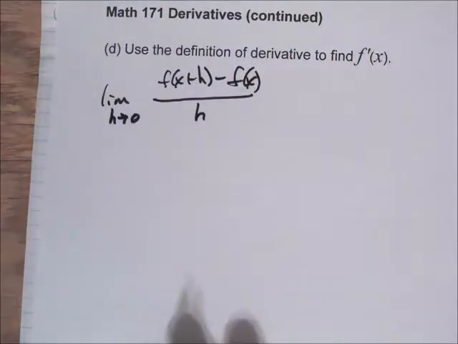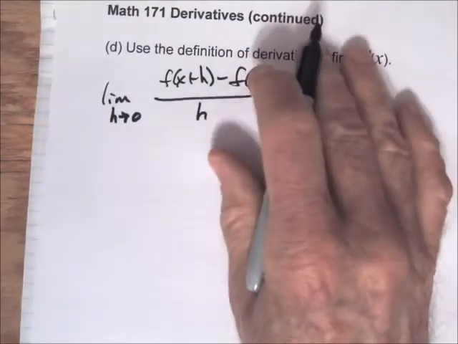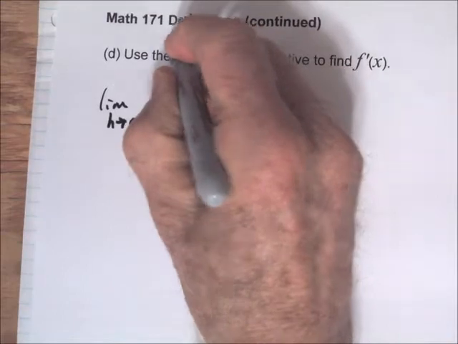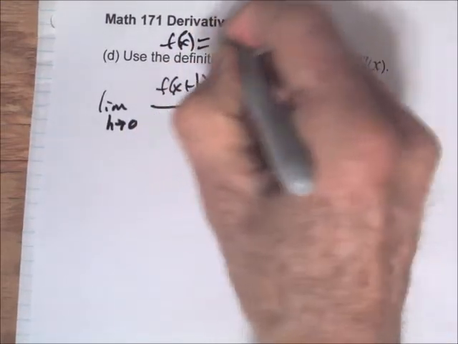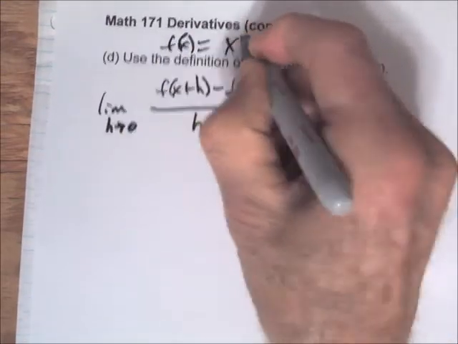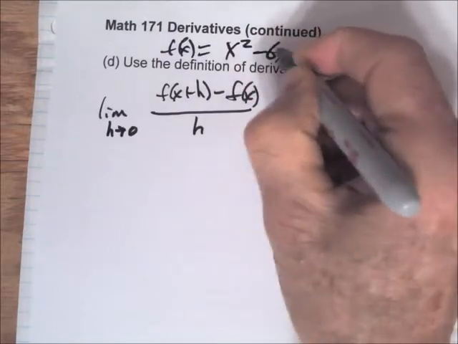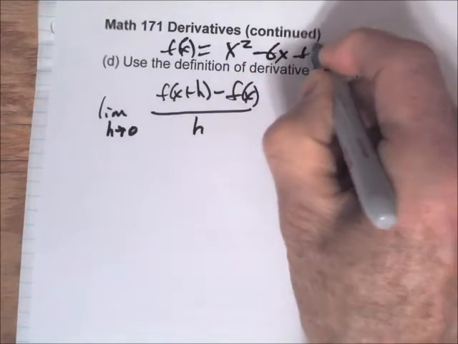So f of x, just a reminder, is x squared minus 6x plus 5.